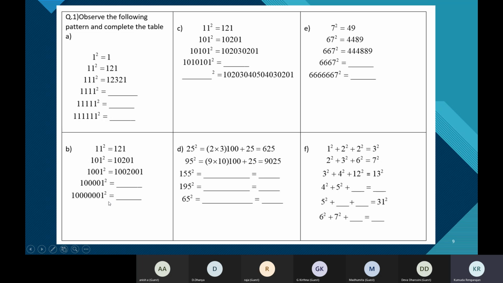Look at B. Ma'am, the next one is 1 0 0 2 0 0 1. Have a close look.